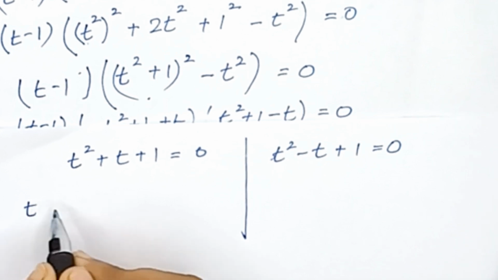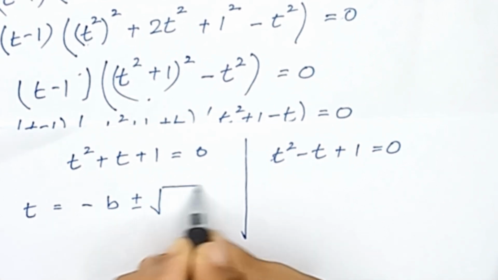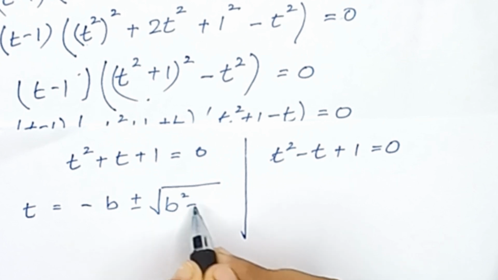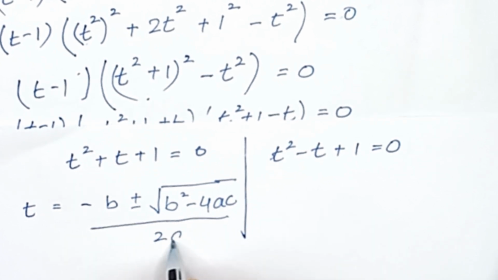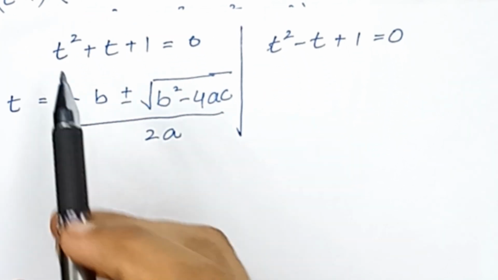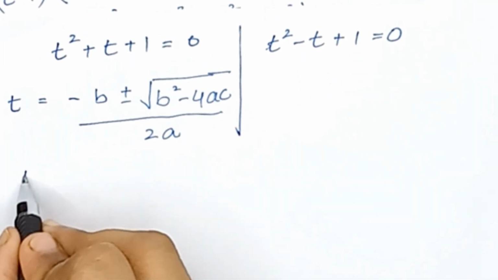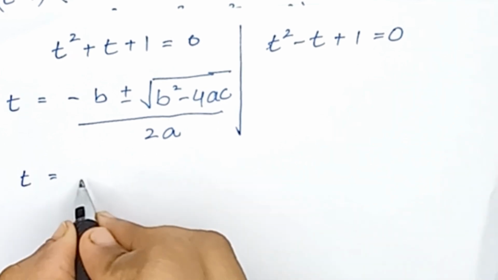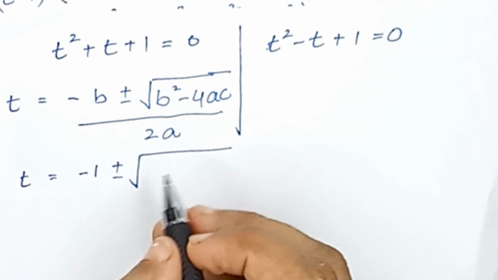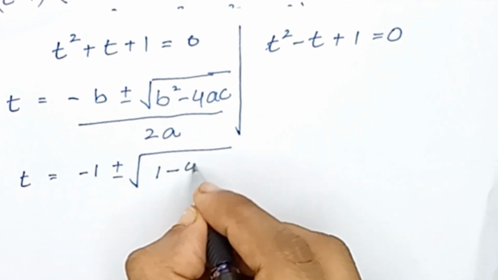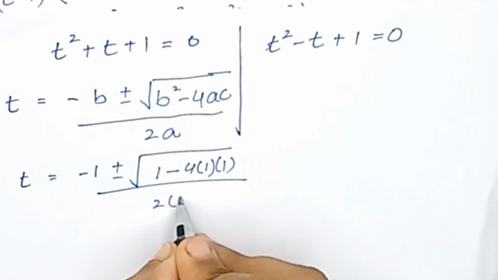As we know, the quadratic formula is t is equal to minus b plus minus square root of b square minus 4ac, divided by 2a. And here a, b and c all are equal to 1. So t is equal to minus 1 plus minus square root of 1 square, which is 1, minus 4 times 1, divided by 2 times 1.